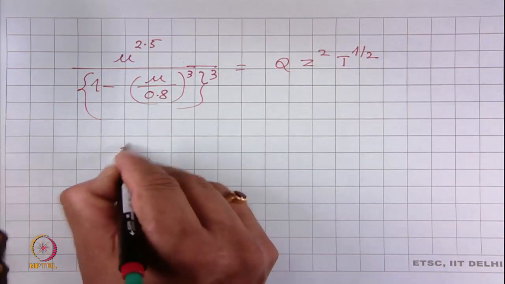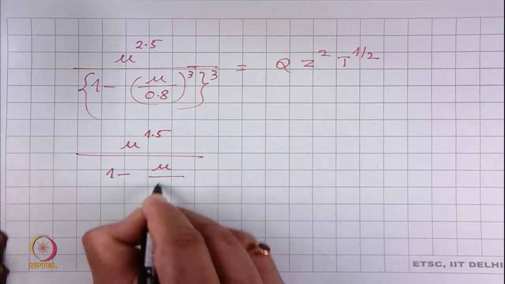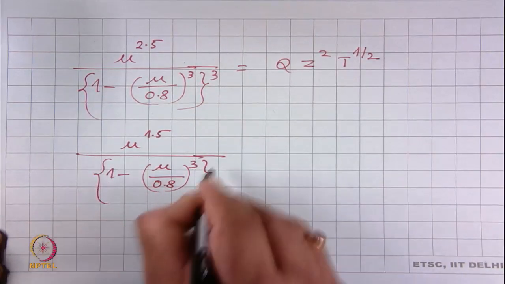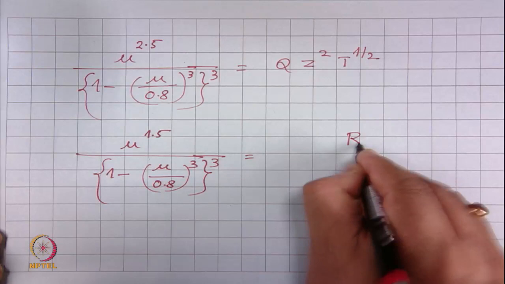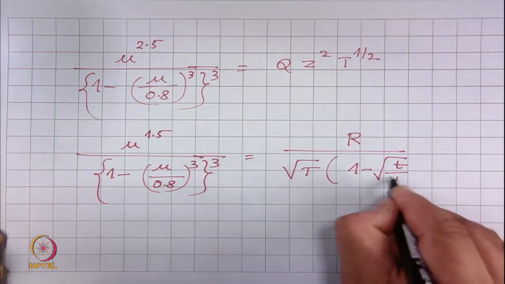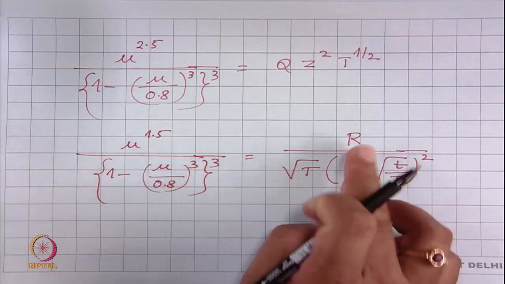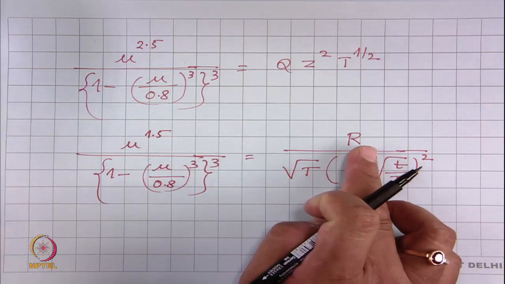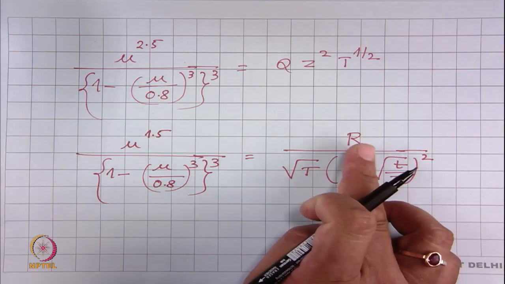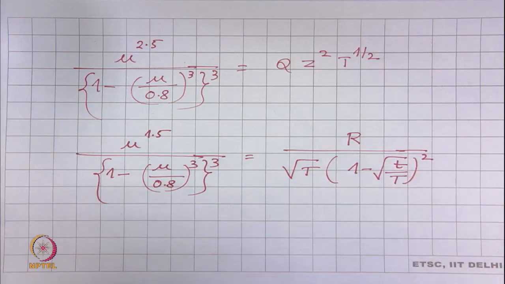Then we talked about one more equation, where mu is again packing density, r is a parameter which depends on fibers. For different fibers the values of r will be different, we have already told about those values. Capital T is yarn count, small t is fiber fineness.